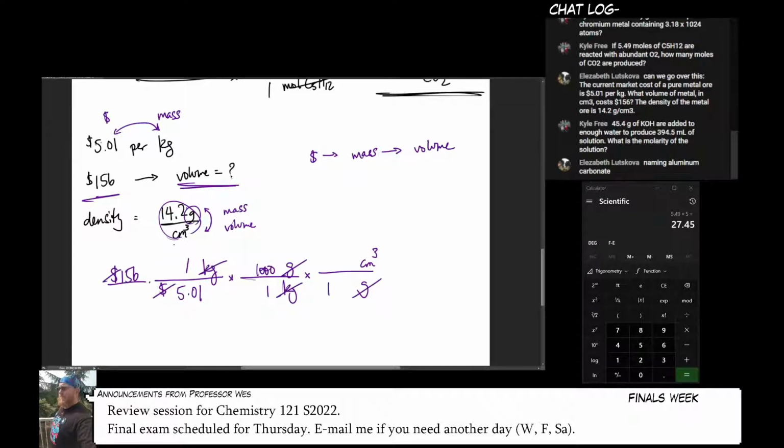And so that is 14.2 grams per 1 cubic centimeter. That will give us a volume in cubic centimeters, and we'll just type it in the calculator. 1 over that, 14.2. So we get 2,192.79 cubic centimeters. I only get 3 sig figs because of 2 different numbers, so I'll write that. There you go.